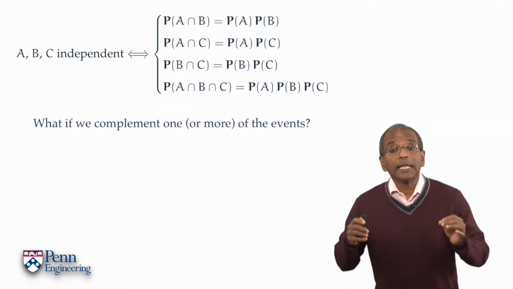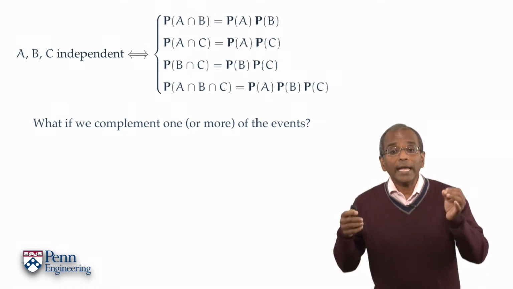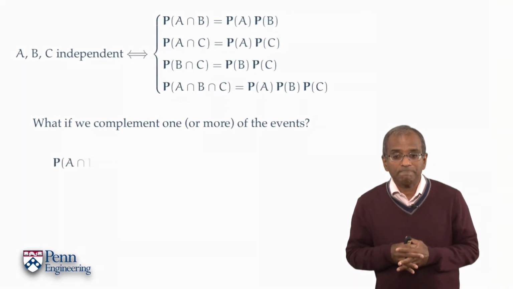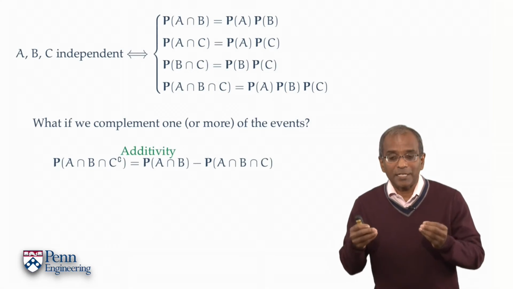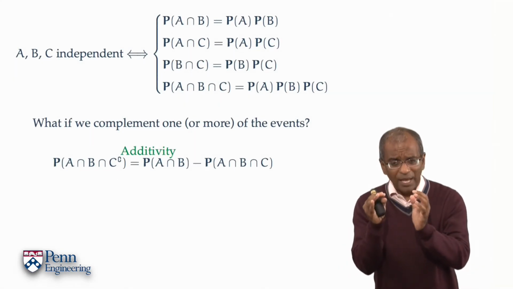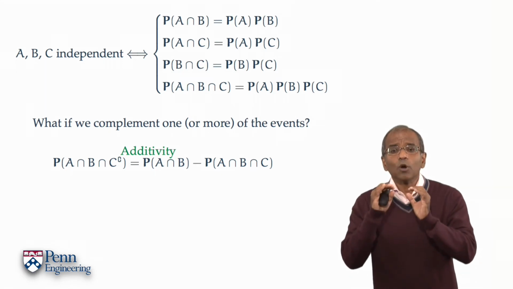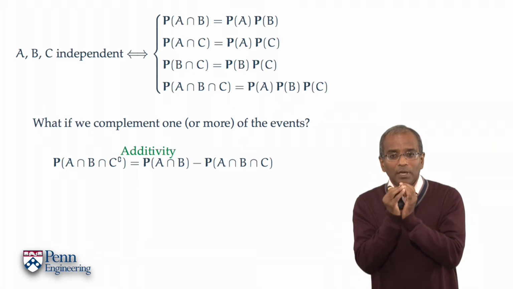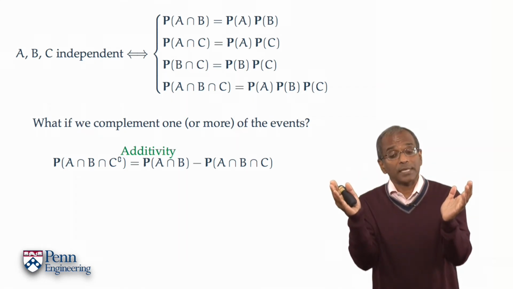Very well then, let's begin. So we want to look at the probability of A intersection B intersection the complement of C. We immediately have recourse to additivity, though, to be fair, it is slightly concealed. Think of the event A intersection B as a new event. This event can be partitioned into two disjoint pieces.